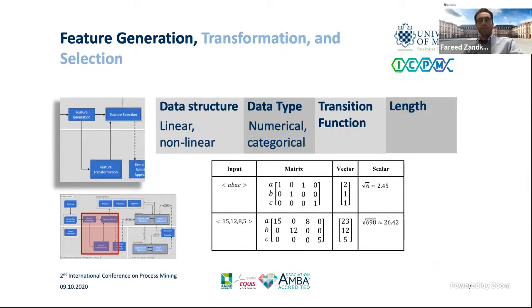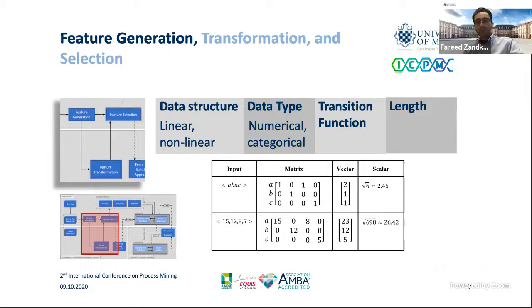Linear structure typically refers to simple data structures, such as scalars or arrays. Nonlinear structure, for example, graph and trace structures, are used when the nonlinearity behavior of traces cannot be fully captured by those linear data structures.